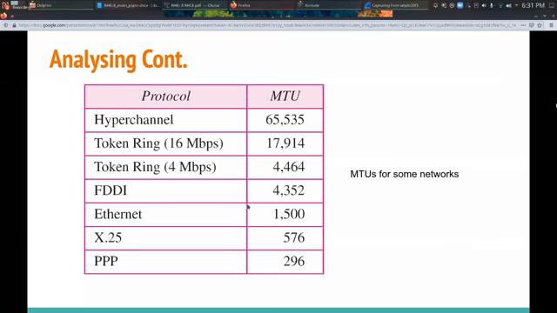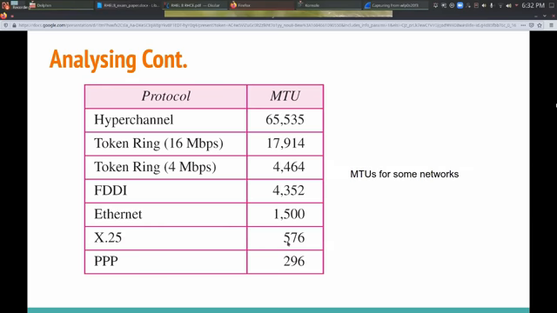Fiber channel FDDI supports 4352 maximum transmission unit. Ethernet, which we of course know since we are all running Ethernet environments, supports 1500 bytes. Hyperchannel supports the maximum value, 65,535, and I don't even have experience with these types of MTU values.